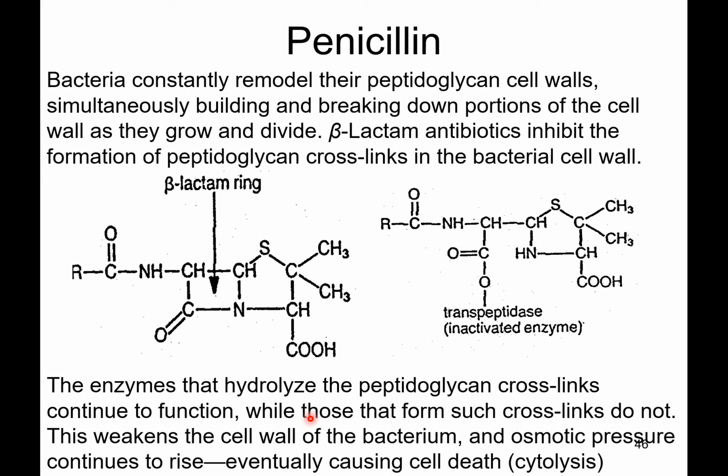What that does, these beta lactam rings are important for the cell wall of a bacteria. So penicillin inhibits this enzyme that's needed to make these cell walls stronger, and the cell walls without that enzyme tend to weaken, and then the bacteria get very leaky and they're susceptible to bursting, and when they burst they die, right?